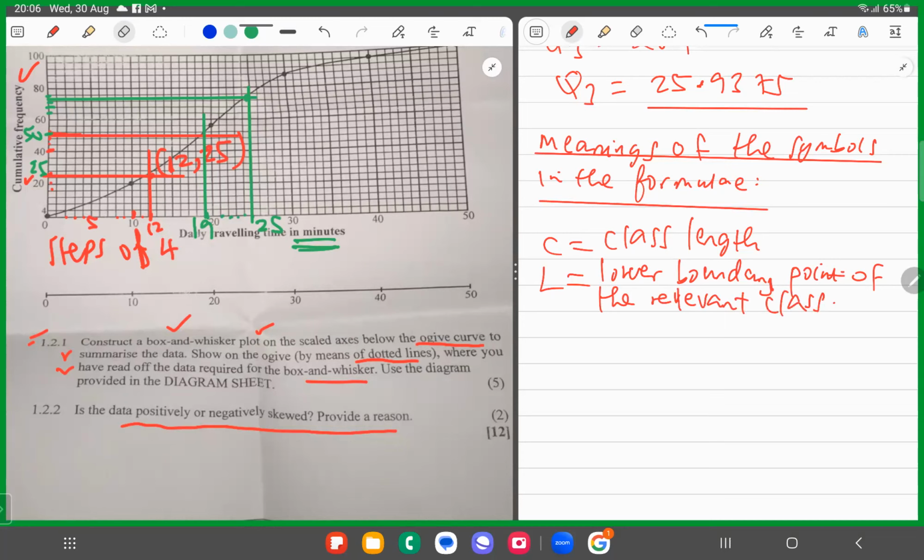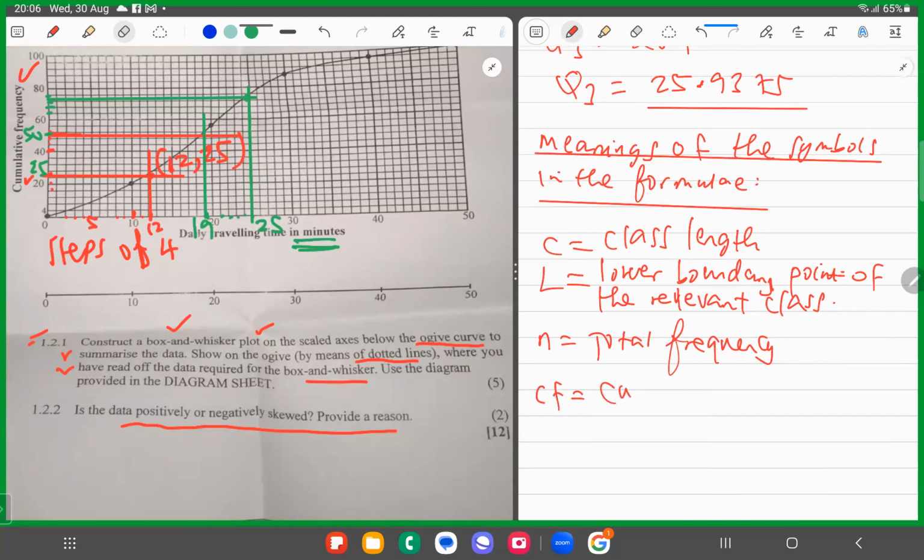And then now you have N, which is the total frequency. And then, what is CF?